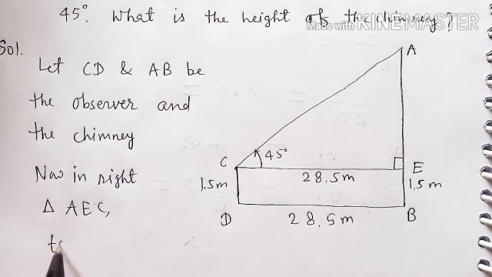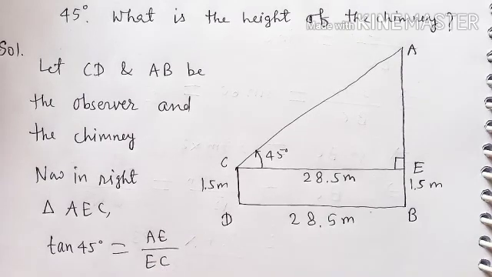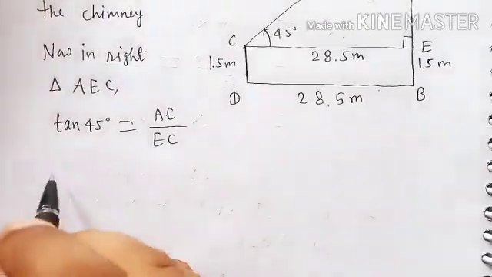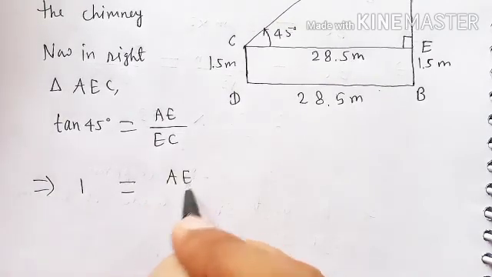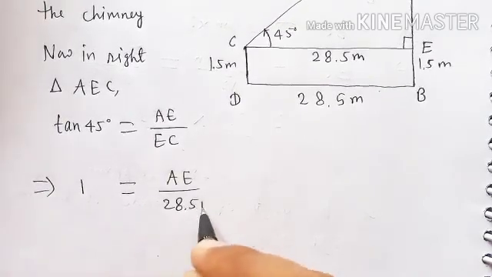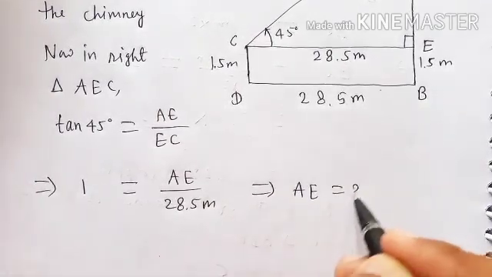So tan 45 degree is equal to AE by EC. Here tan 45 degree is 1, EC is 28.5 meter. This implies that AE is equal to 28.5 meter.